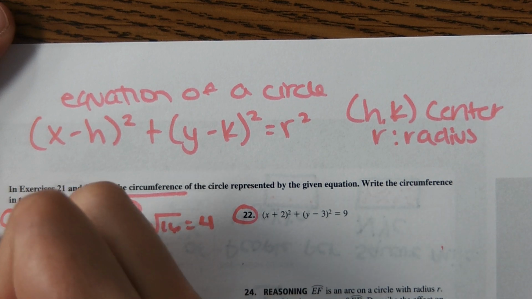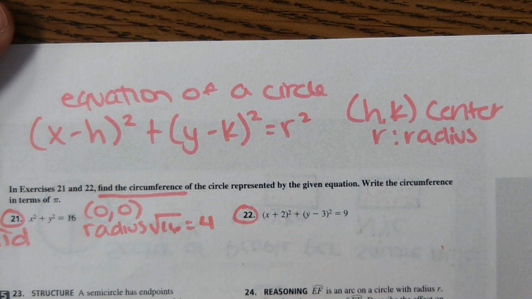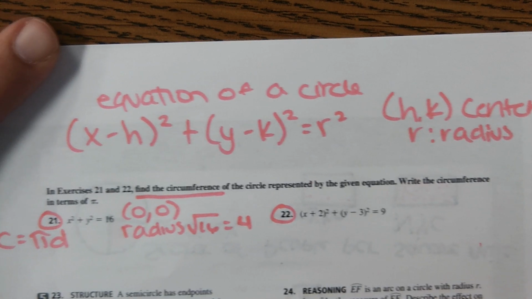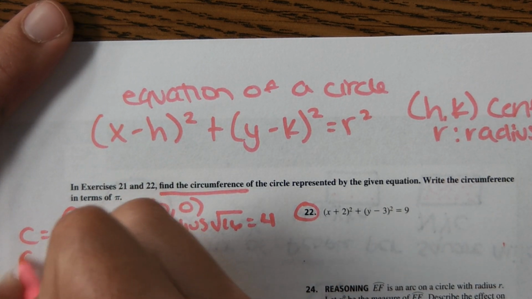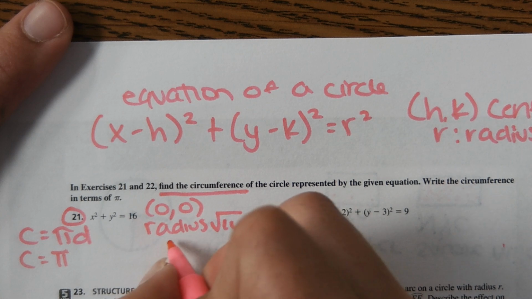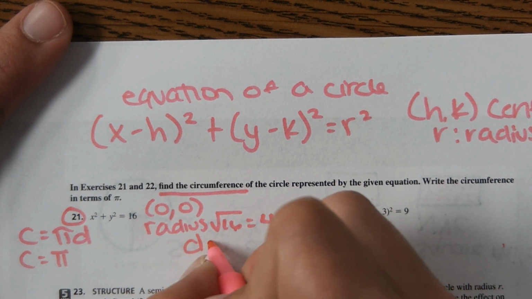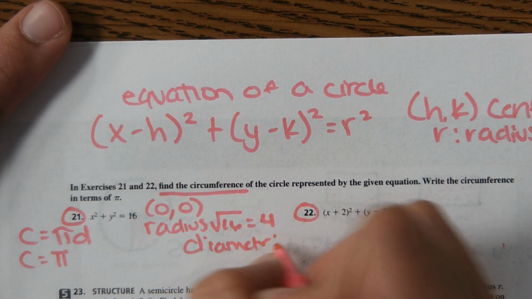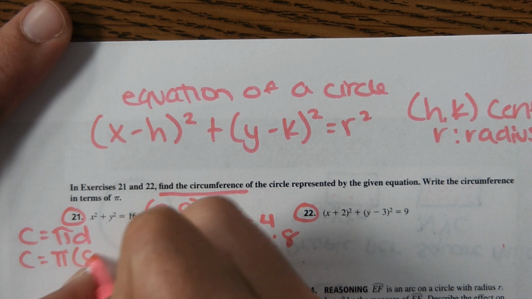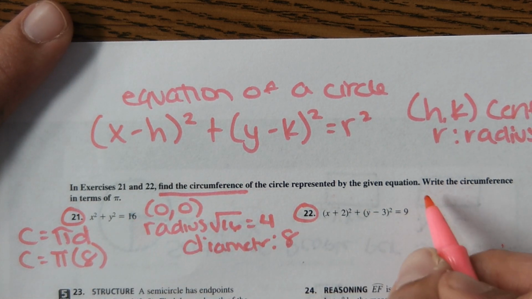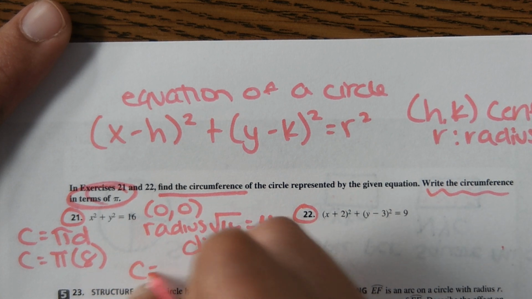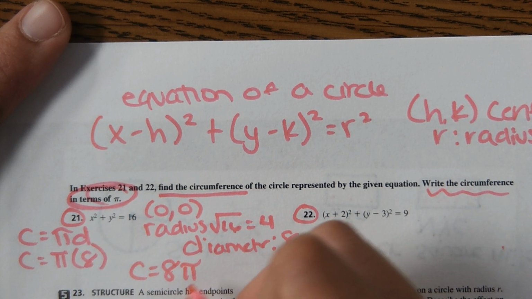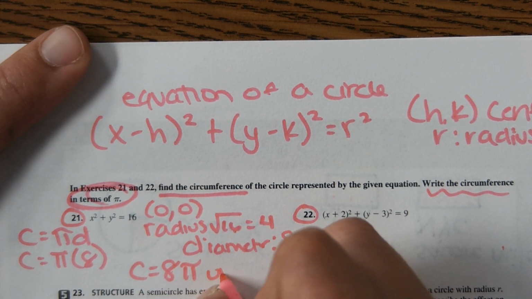To find circumference, it's pi times diameter. So it would be pi times, and if radius is 4, diameter is 8, like double that. So pi times 8. And it says here, write the circumference in terms of pi, so it makes it a little bit easier for us. Our answer is just 8 pi, and it doesn't have a unit, so just units.